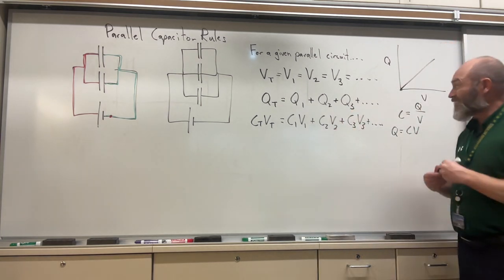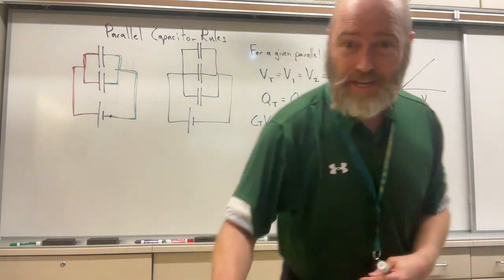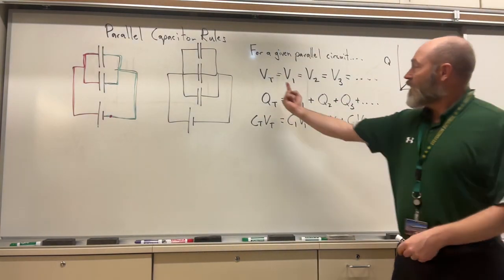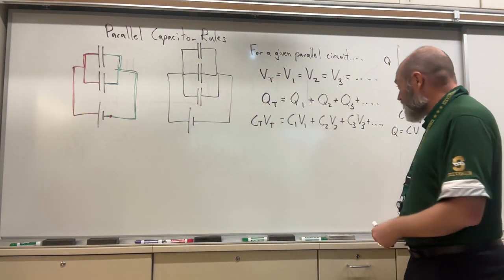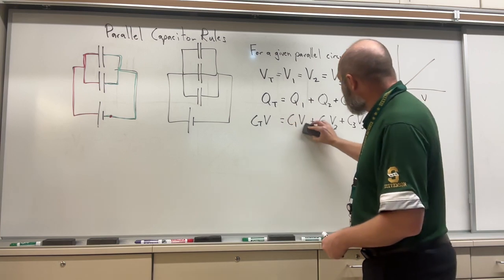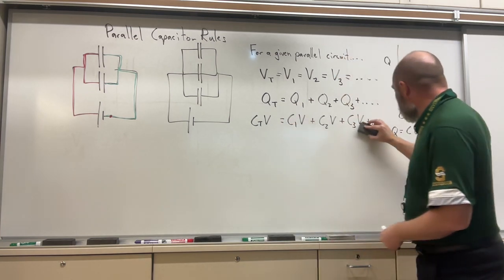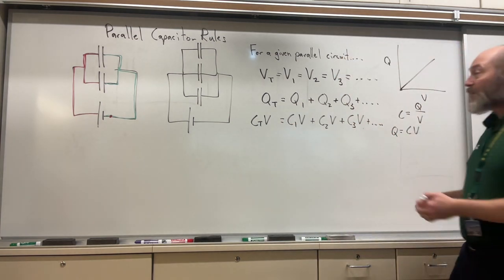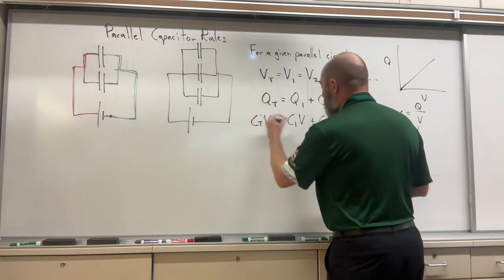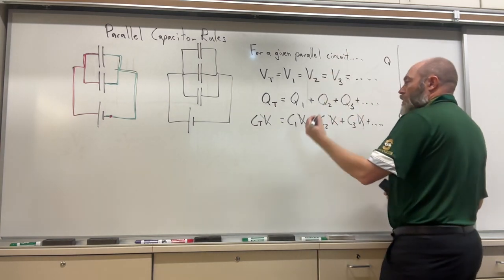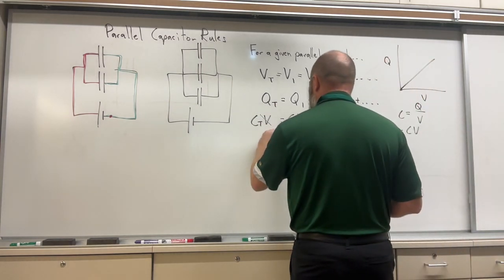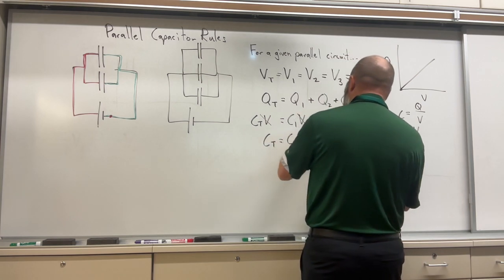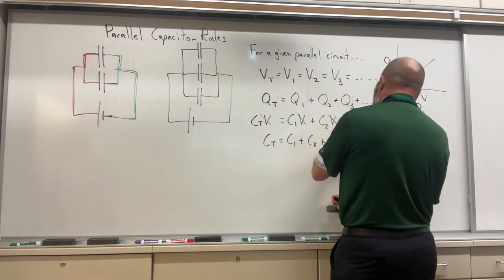But hopefully you're smart enough to recognize, oh look, all the voltages are the same because it's a parallel circuit. So I don't need my little subscripts there. Well, that means all those V's are going to cancel. Goodbye, goodbye, goodbye, goodbye. So I end up with CT equals C1 plus C2 plus C3 and so on.